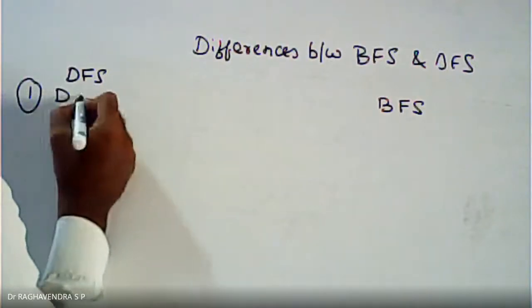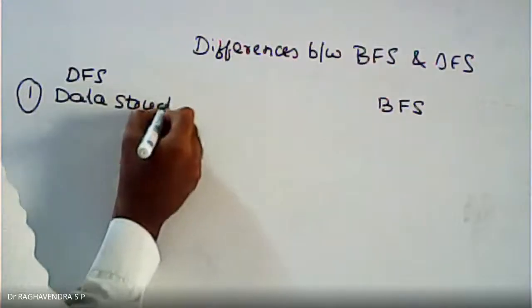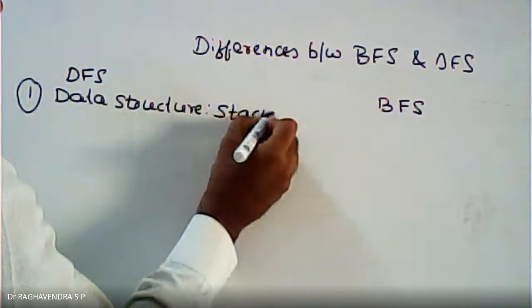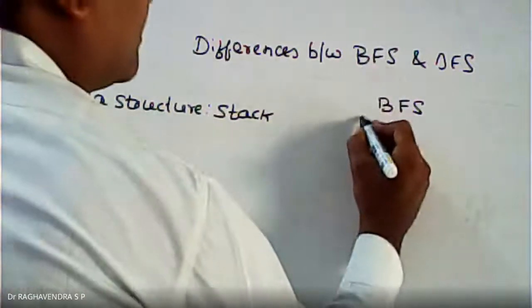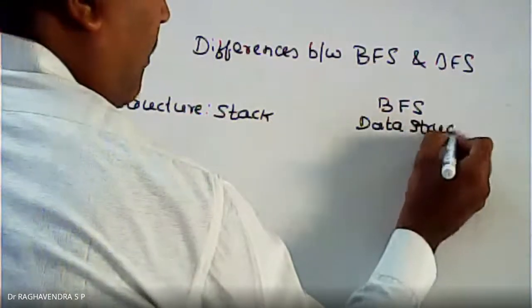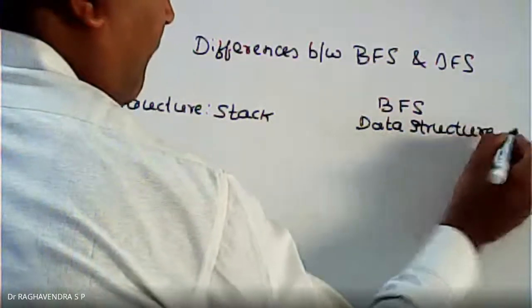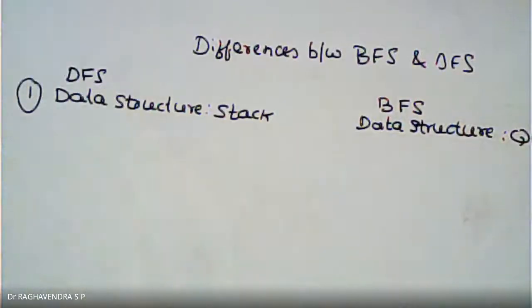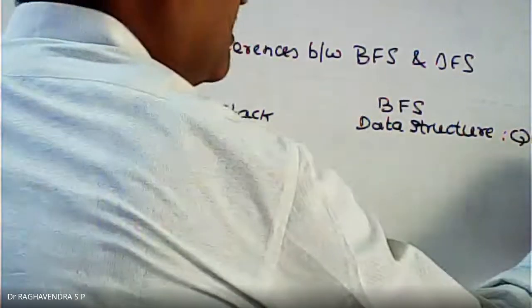The data structure. What is the data structure in DFS? It is a Stack. What is the data structure in BFS? Queue. So that is the first difference.